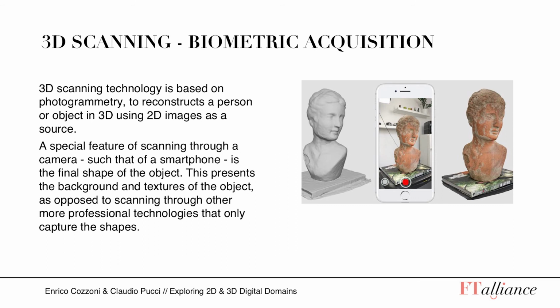But everything starts from the scanning, from the biometric acquisition of a part of an entire human being. 3D scanning technologies nowadays are becoming extremely cheap. You can do it with your smartphone.